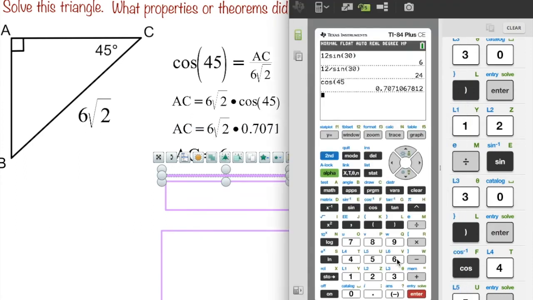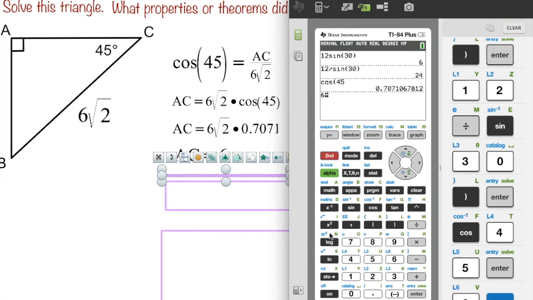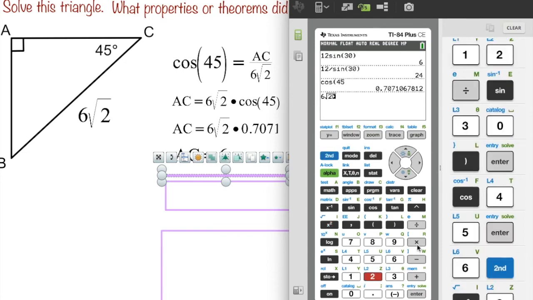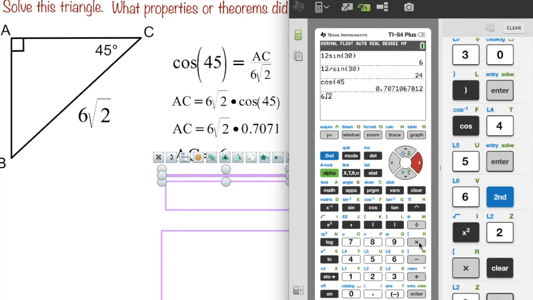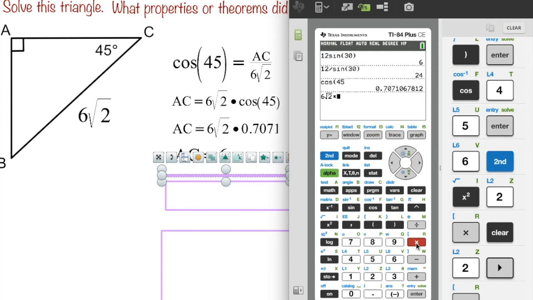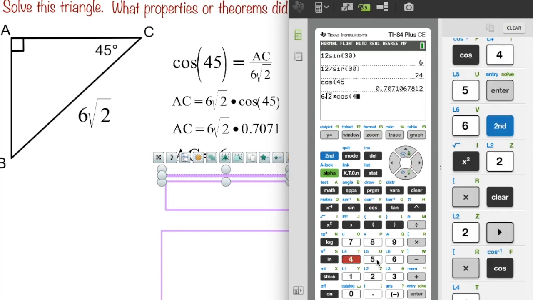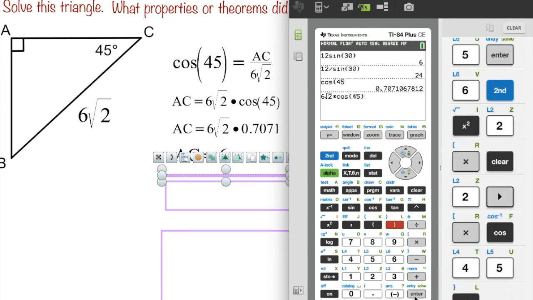Okay, if you do it all in the calculator at once, you can type in 6 square root 2, and I want to get out of the square root sign, times cosine 45 degrees.